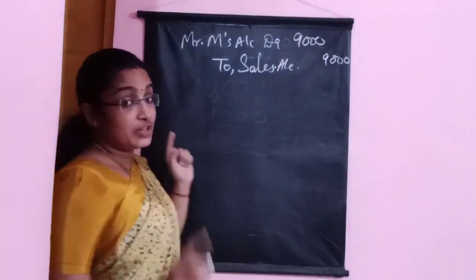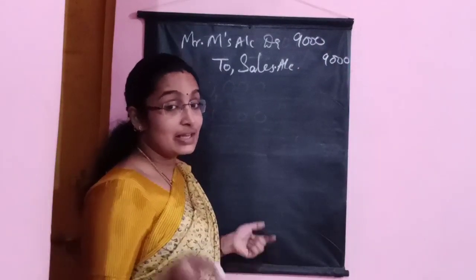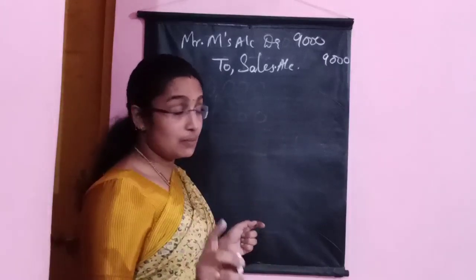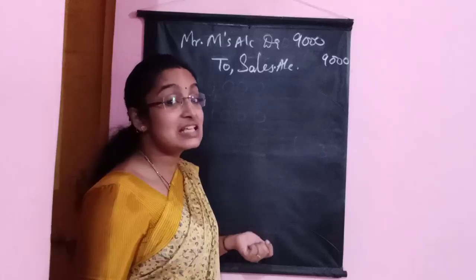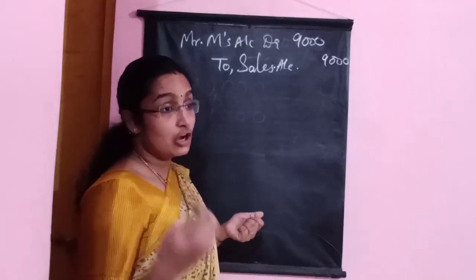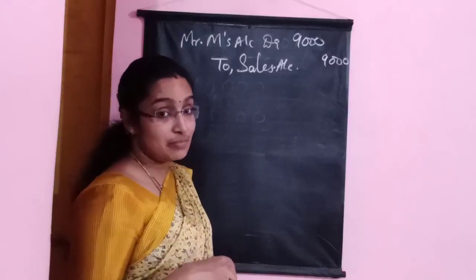And we have given the period of 1 month for cash discount, and when he pays 1/3 of the amount of rupees 9,000, that is rupees 3,000, he is receiving a 10% discount of rupees 300. So the cash is received by us.